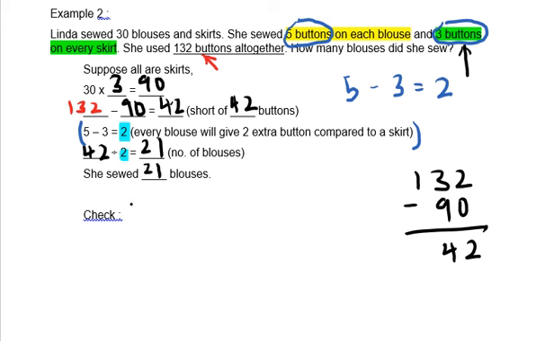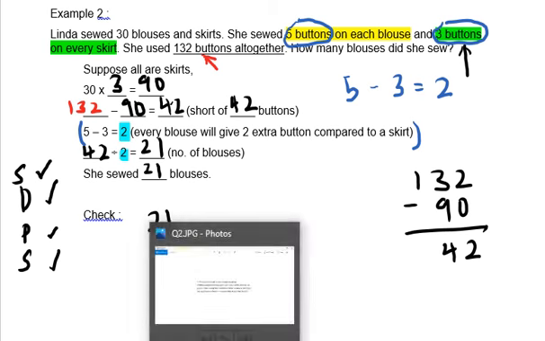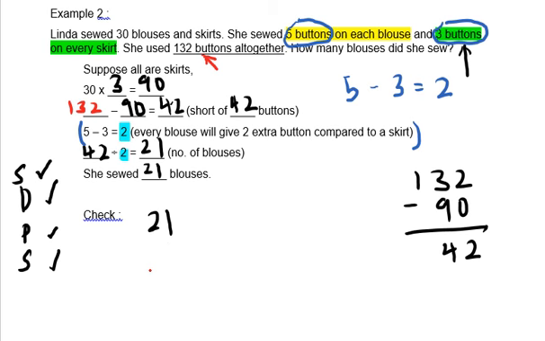Now let's check our answer following the SDPS model. We have studied the question, we have thought of a plan, we have presented our answer, so now we study our solution. Assuming that there are 21 blouses, and of course, 30 minus 21, there are only 9 skirts.